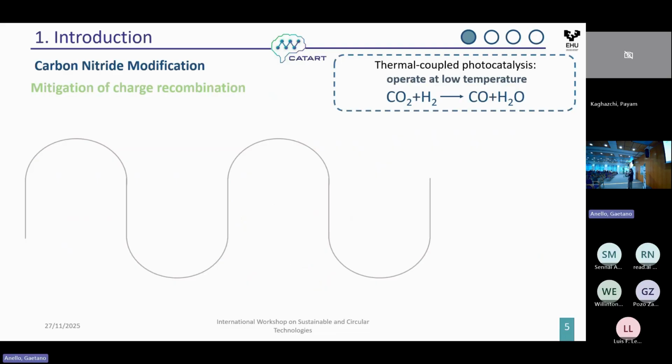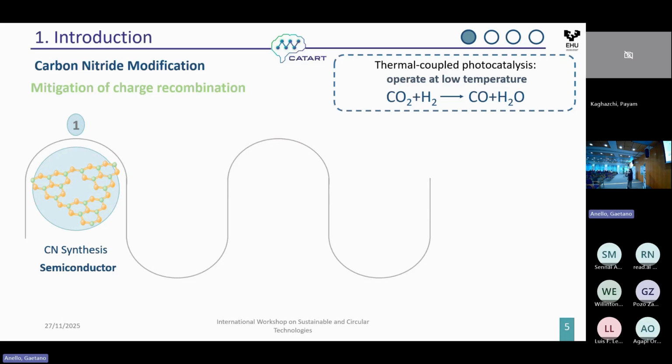Our goal in this project is thermally coupled photocatalysis, and we want to operate at low temperature. Also, we want to pave the way to start working with CO2 and water to get CO, but this is just the first step.